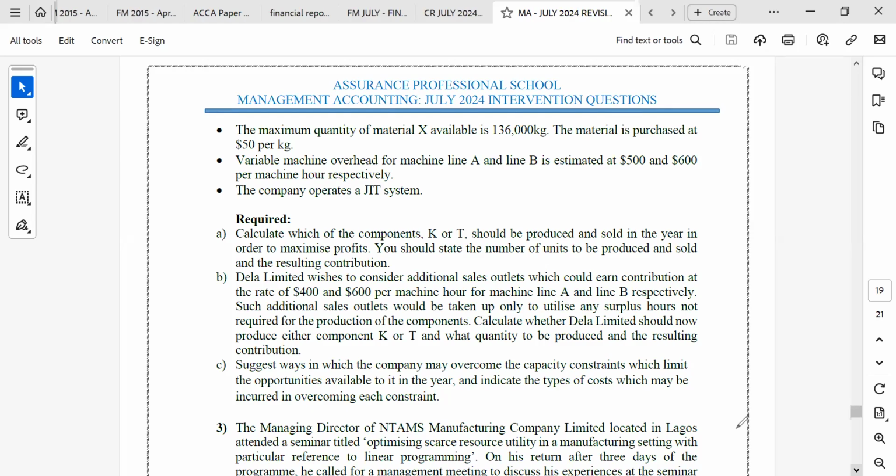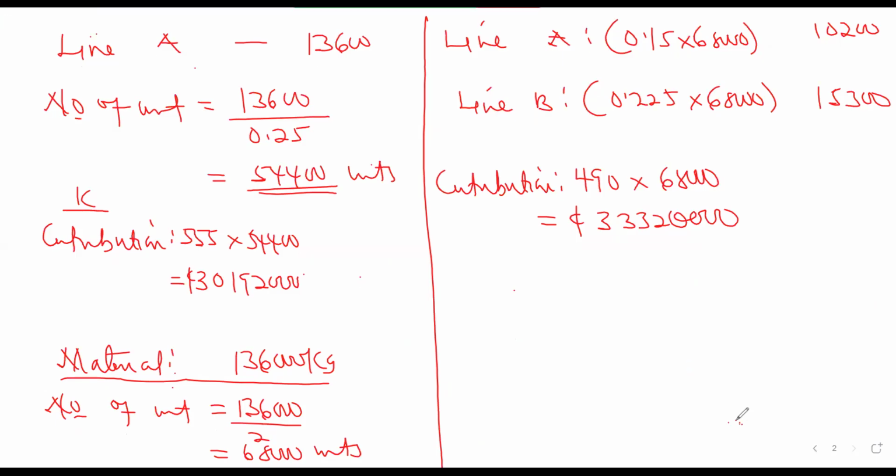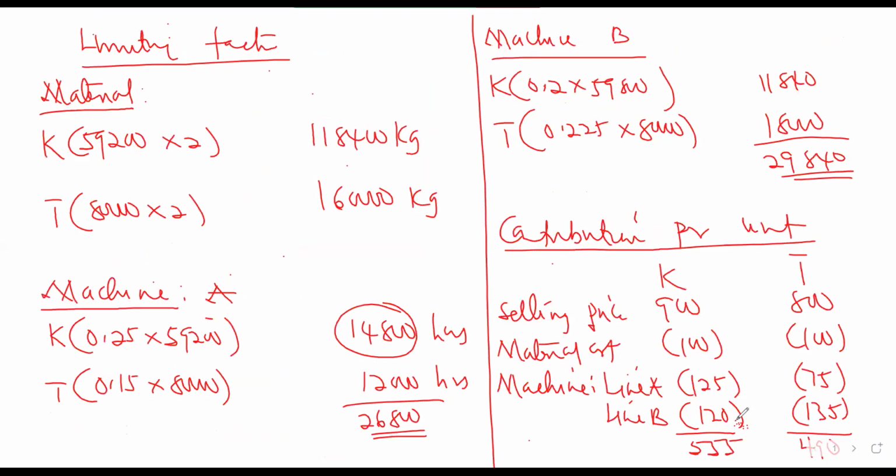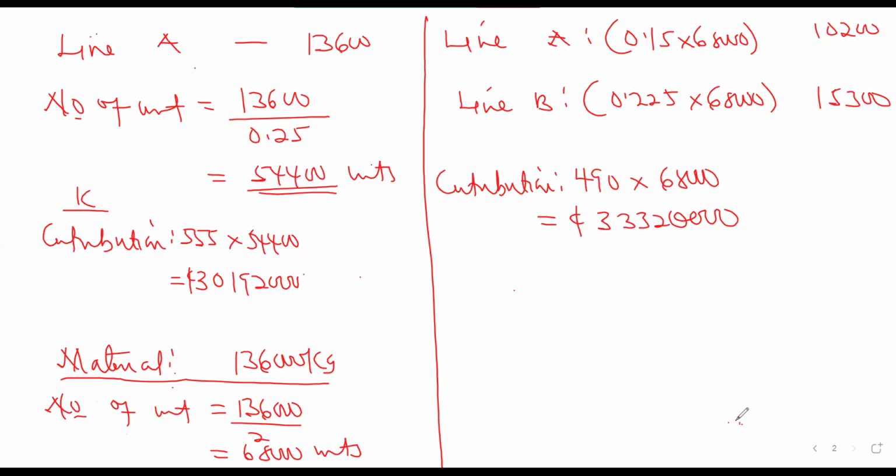Okay. If we are producing 4,000, so we now look at our decision now, available based on the hours that we have now. If we are producing K, would there be any machine hours left on line A?